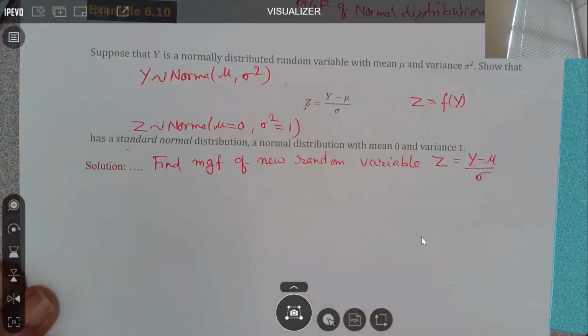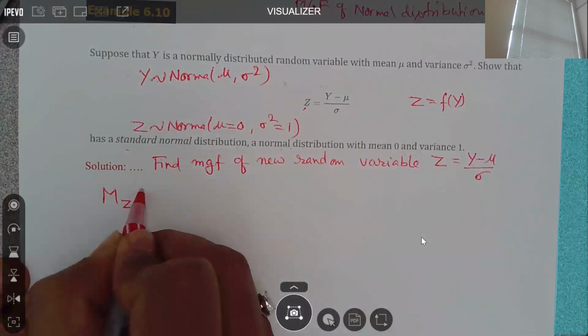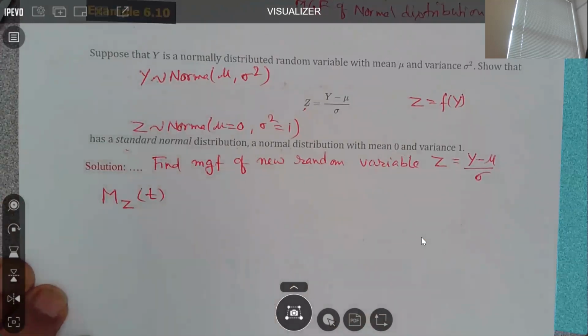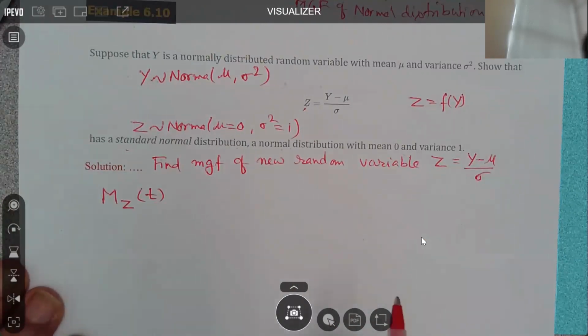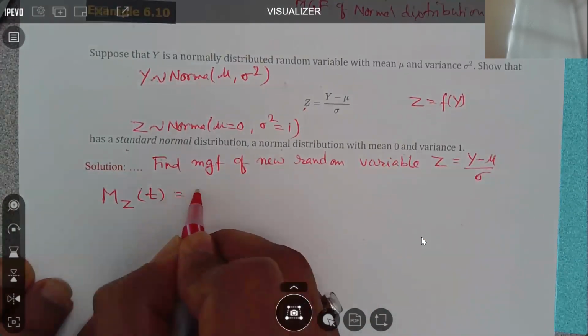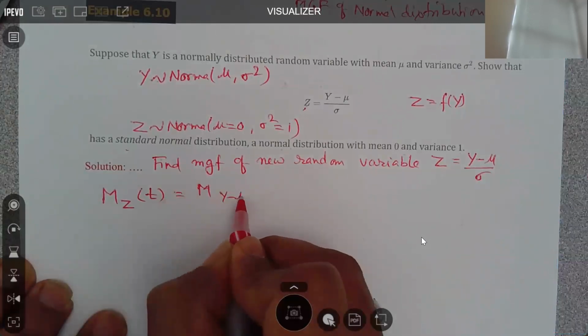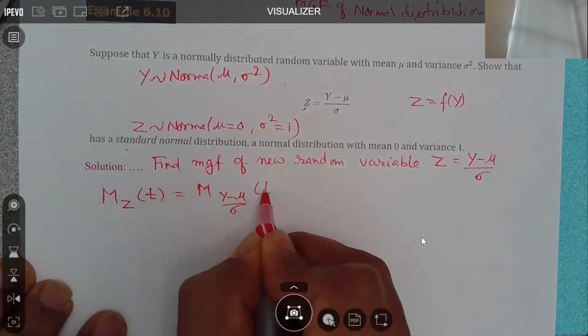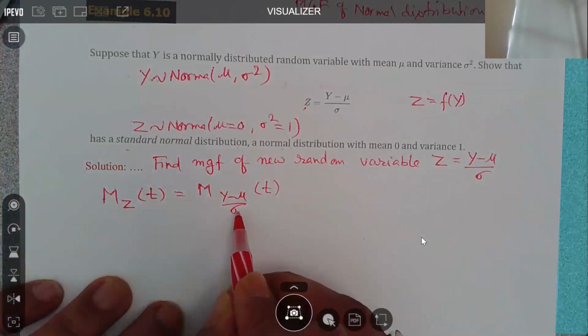Right. Now you would like to find M_G(t). Let me tell you again: I'm writing the capital letter here, and the book is writing the small letter. Do not confuse, it is the same thing. So this is equals to M. Now you can replace G as Y minus mu over sigma. Now this sigma is some constant number, right?